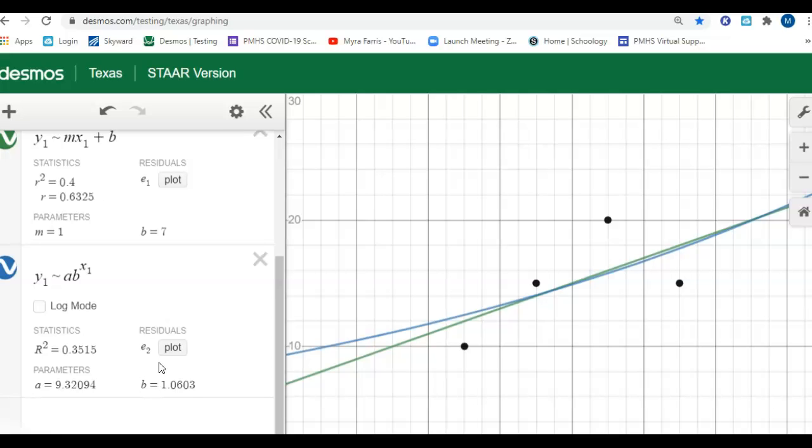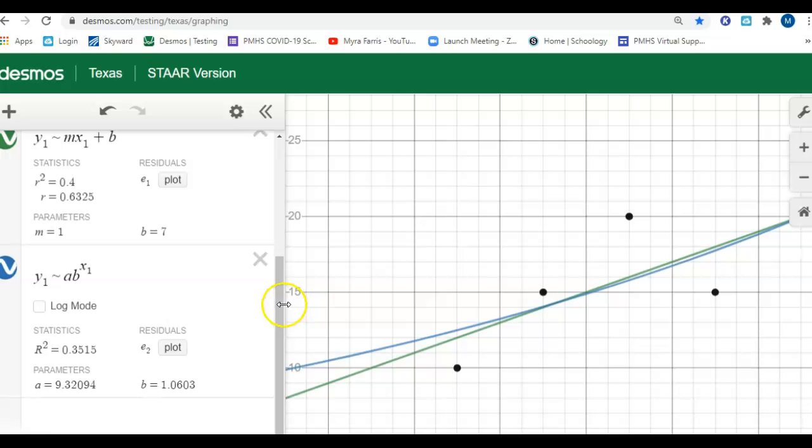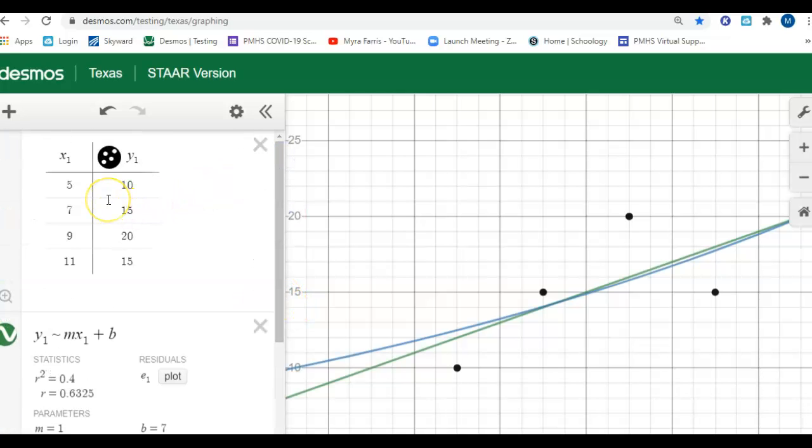Neither one of them are very close to 1. I think I may have mistyped my data because it's not coming out how I expected. Let me go back. If I type the wrong data points, am I going to get the right answer? This says 5 and 10, 7 and 15, 9 and 20.